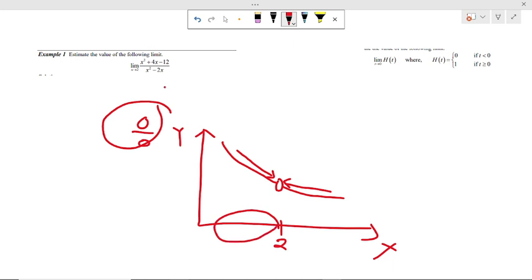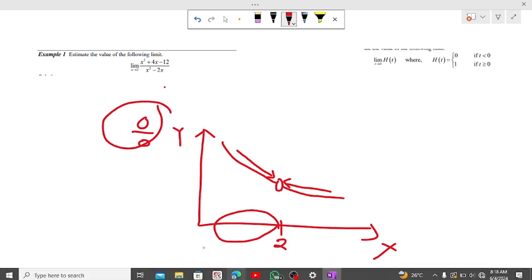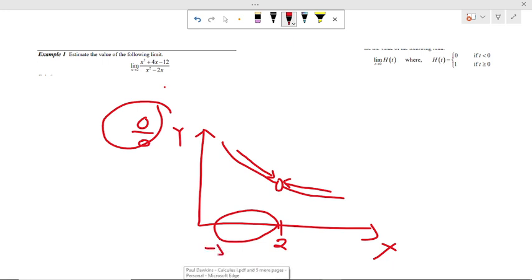So let's say we take numbers like 1 and 0, or maybe for 0 we cannot evaluate, so let's take another number, so let's say -1, or let's say -5 and 1. And we take any number greater than 2, so let's say 3 and let's say 4, right?